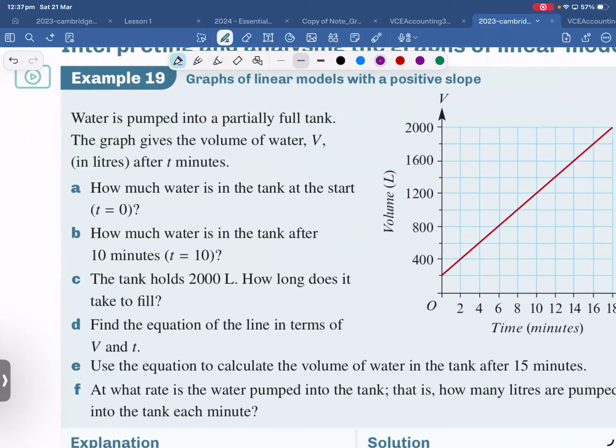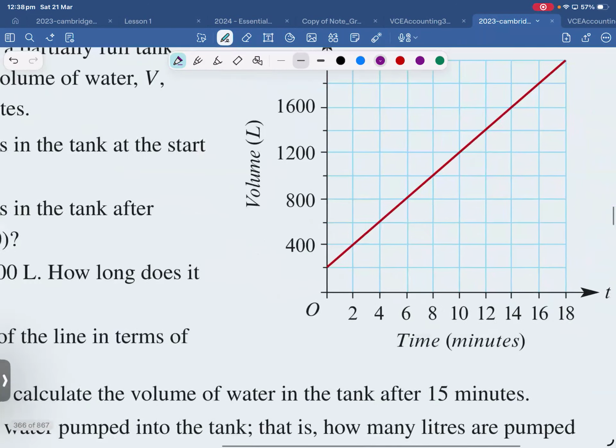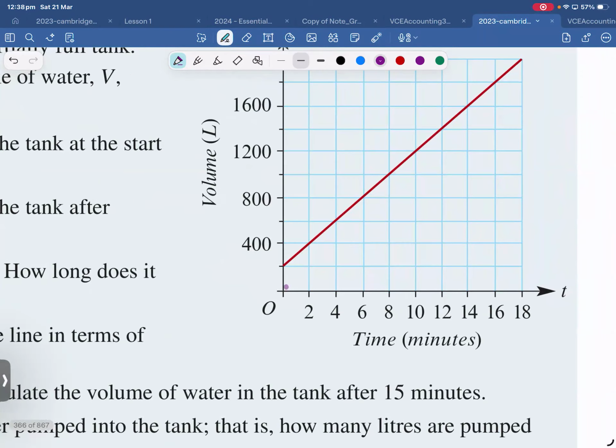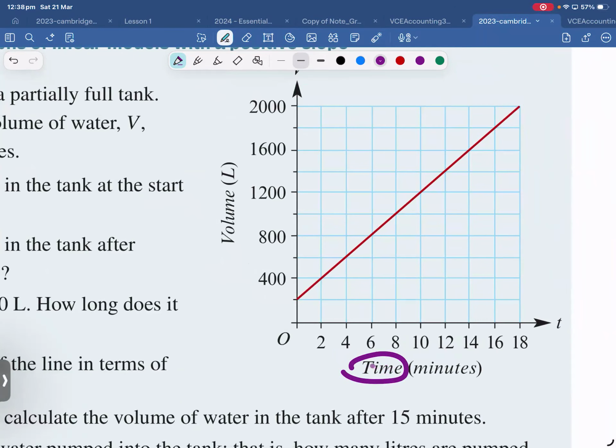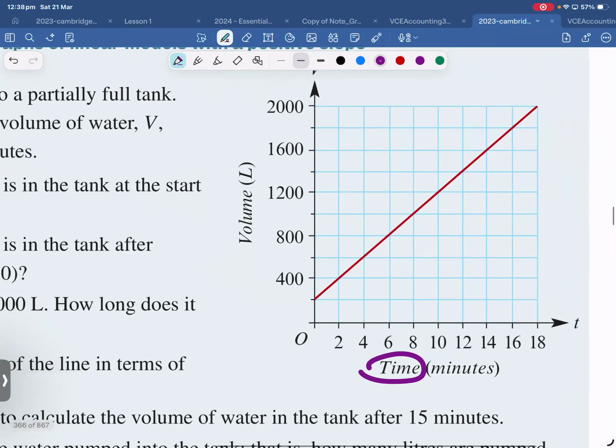Water is pumped into a partially full tank, right? The graph gives the volume of water V. Now, why it says partially full tank is, see, because when the time is 0, we are filling the tank, and the volume of water is increasing.